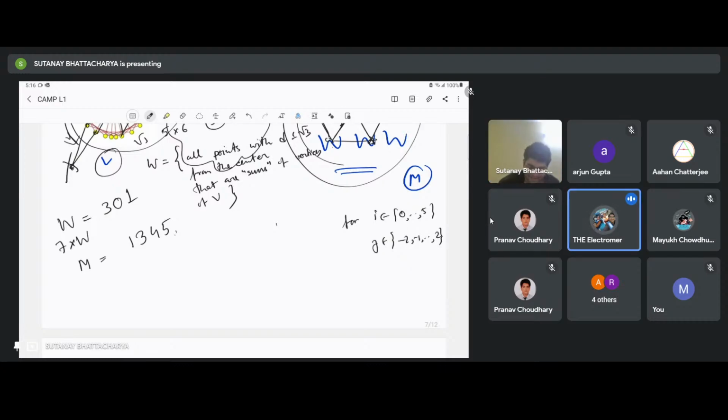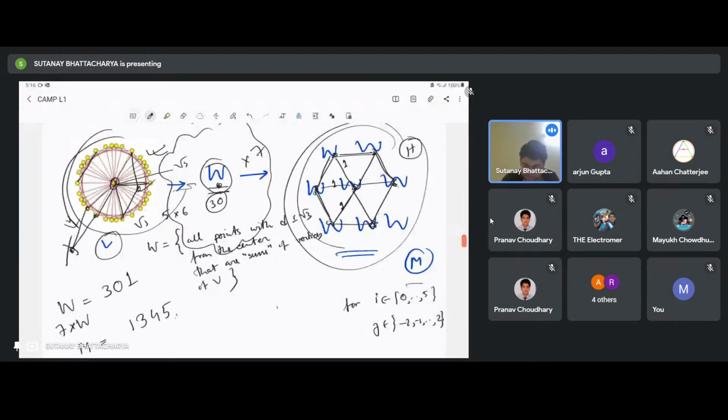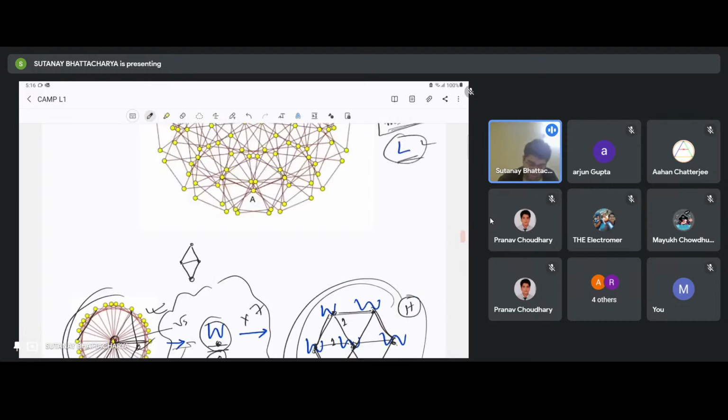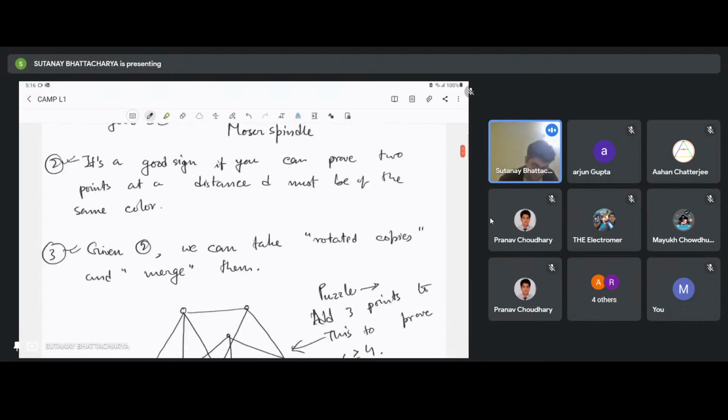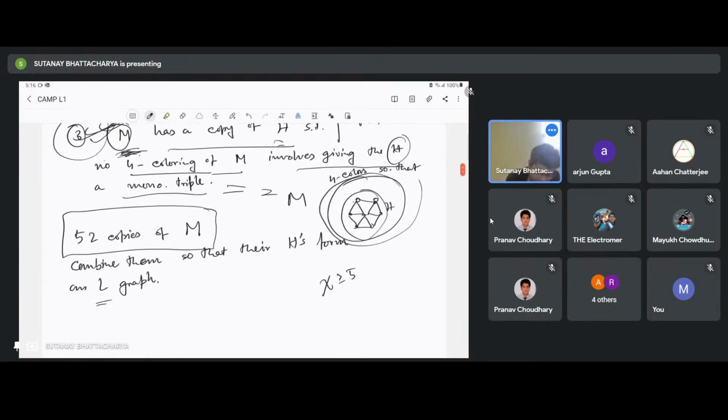Just to give an idea of how bad the proof is, recall that M itself is not the final graph that gives our proof. Recall the steps here. We construct M, and then we took 52 copies of M and combined them, so that it forms the final graph.